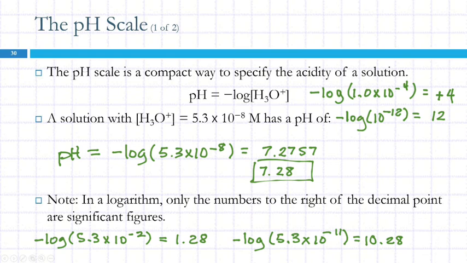And what I really want you to know is, if you're not sure about how many to put, put a couple extra. You can always cut them off later. If you put too few and round it too much, you have to do the problem over again, and nobody likes that, right? And so, we might be tempted to round this to 7.3 because it looks like it has 2 sig figs, but we're throwing away information.